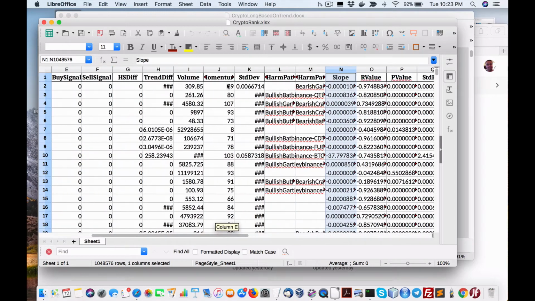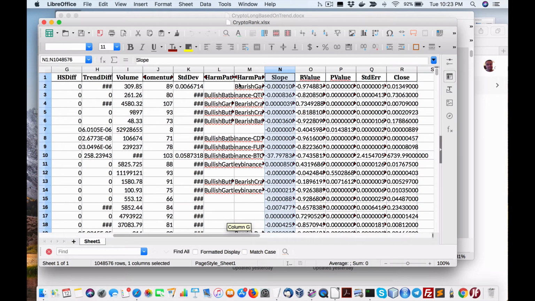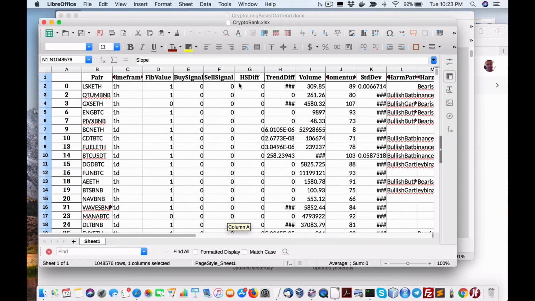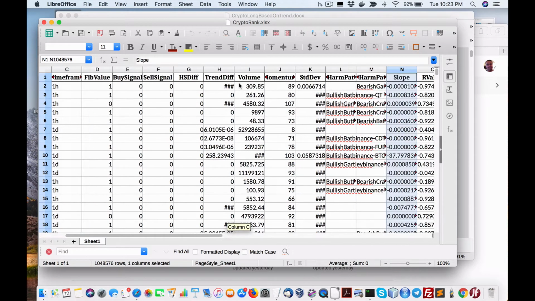The other thing is, originally when I didn't have this filter in terms of volume, it would generate probably over 100 different pairs that you could trade based upon the criteria I've already described.